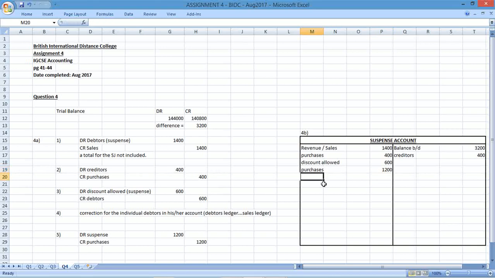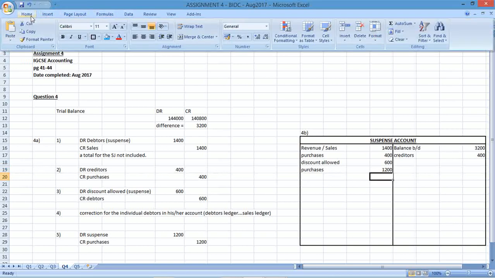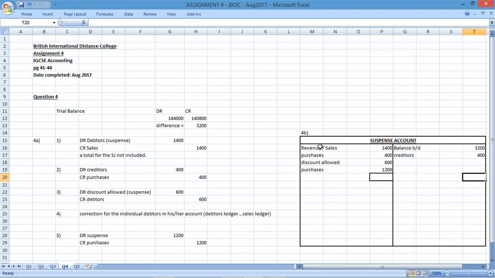That would have been too much. So then if I'm looking at the suspense account, the suspense account needs to be totaled. Sum up the left and the right. Okay, no more suspense. Alright, fine. So that would have been the suspense account for this particular exercise.